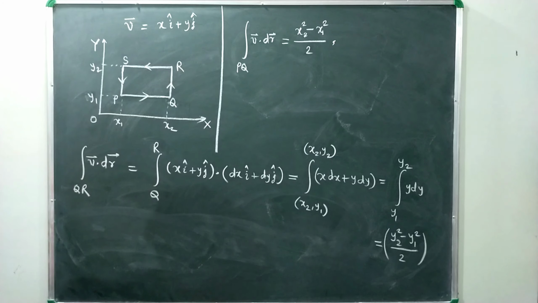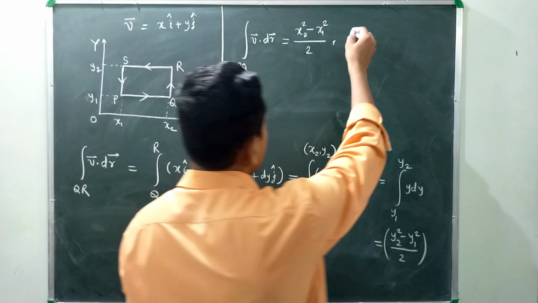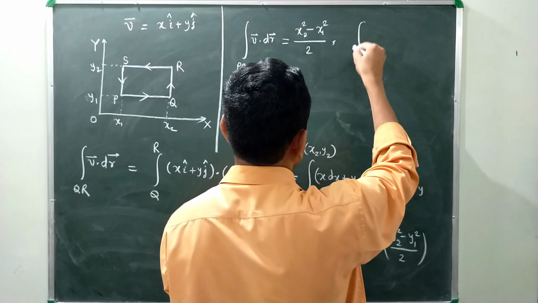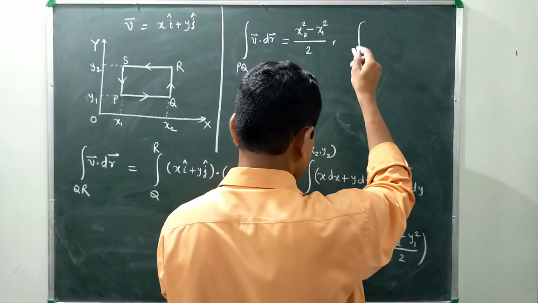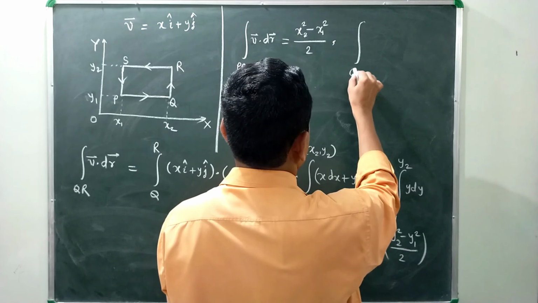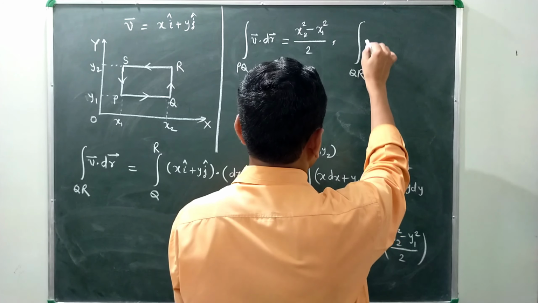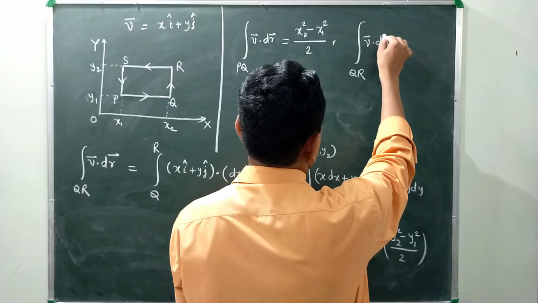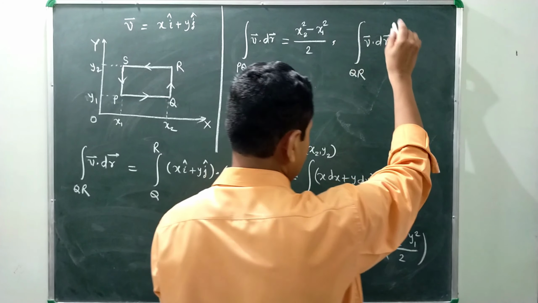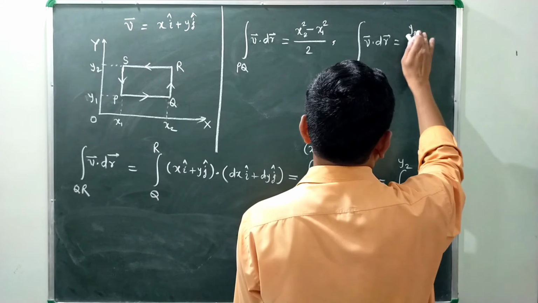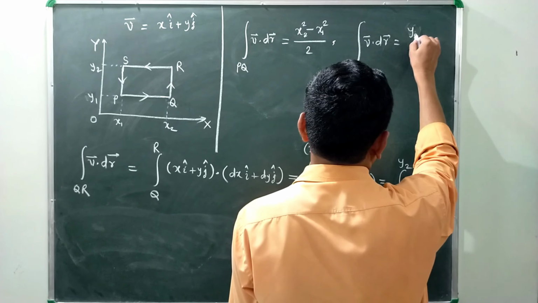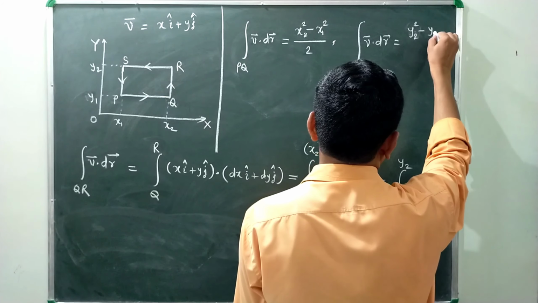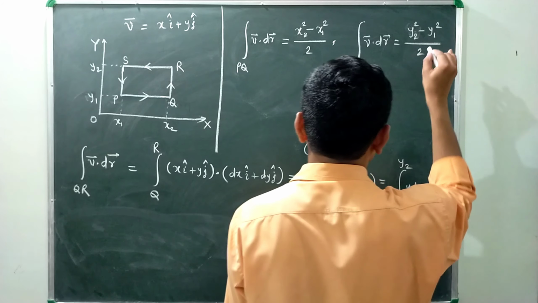Now we write here the second integral, that is the integral along QR of vector V. So it is (y2 square minus y1 square) by 2.